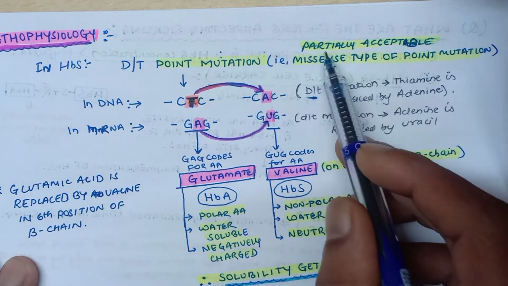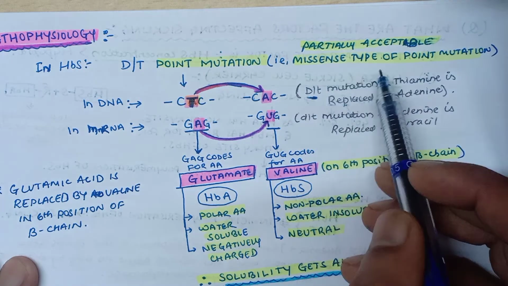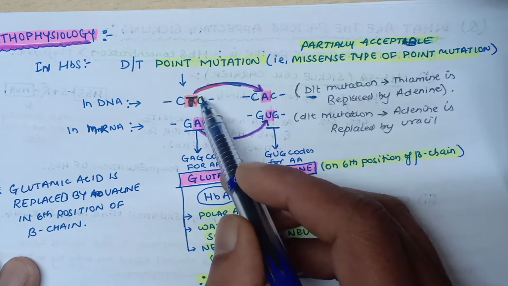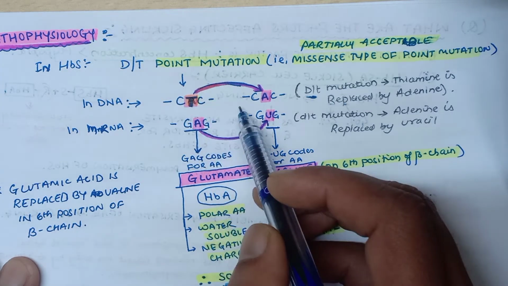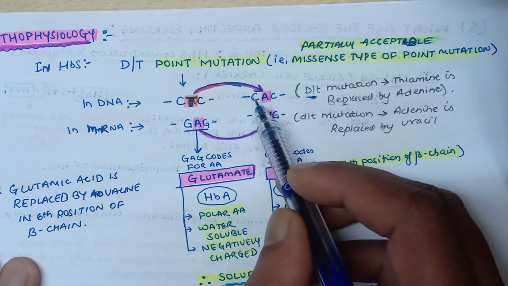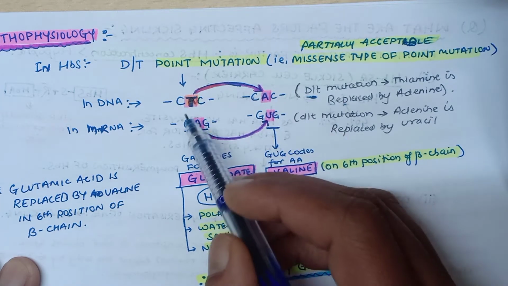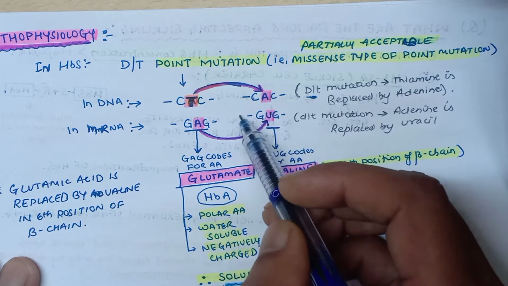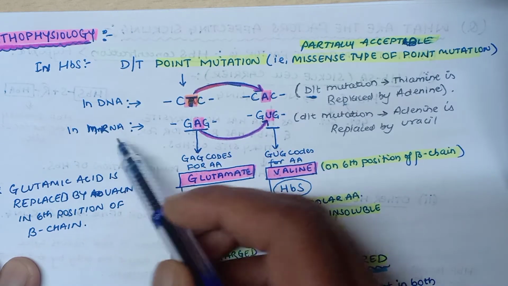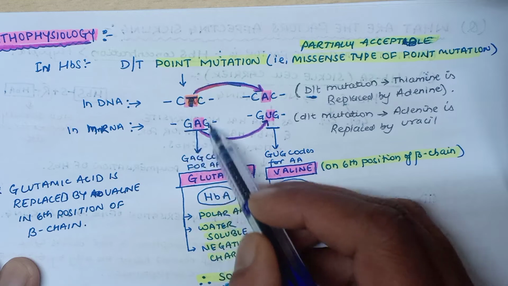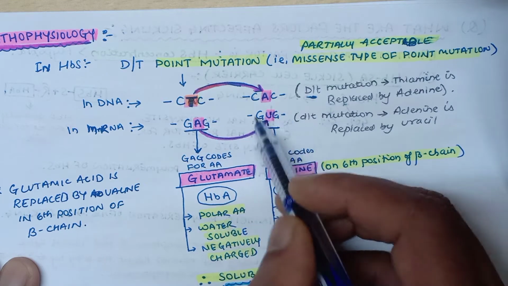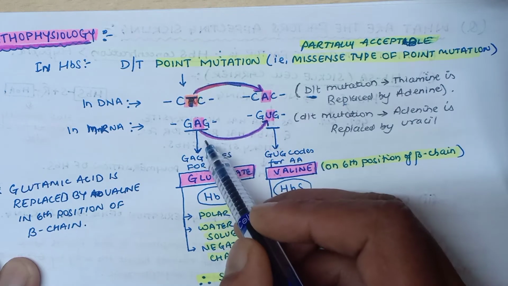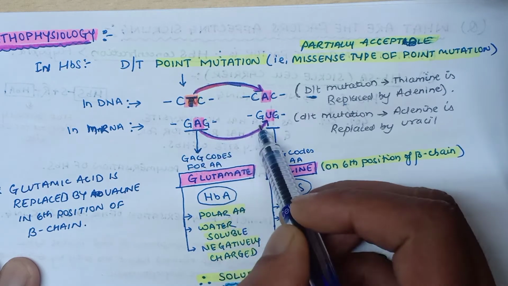Looking at the DNA level, CTC is changed to CAC, that is, due to mutation thymine is replaced by adenine. At the mRNA level, GAG is changed to GUG, that is, due to point mutation adenine is replaced by uracil.